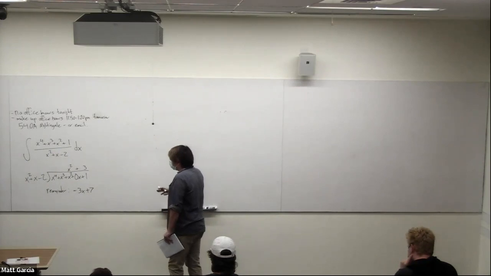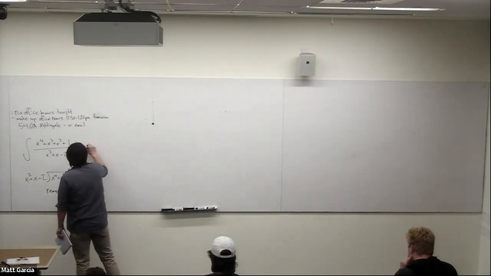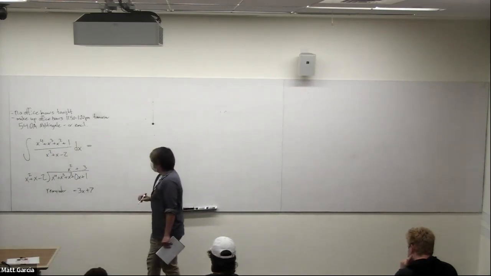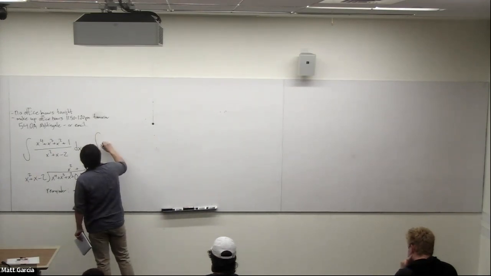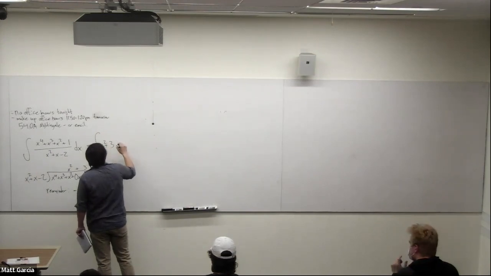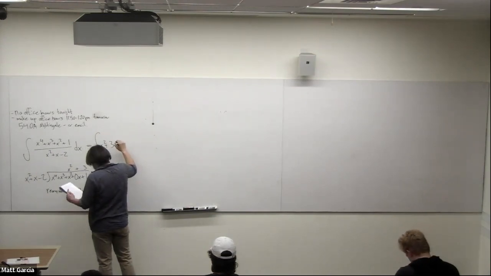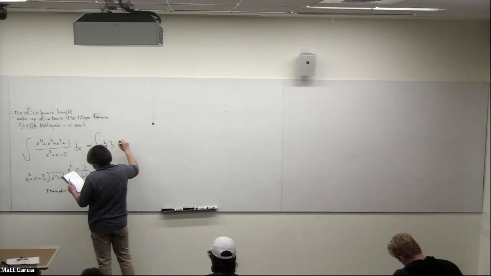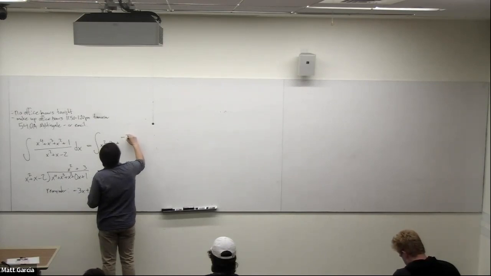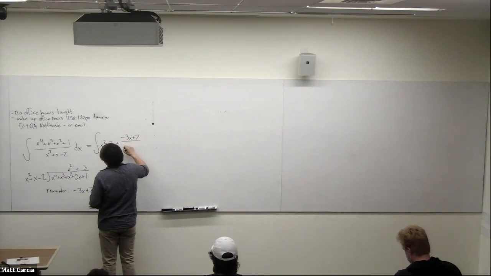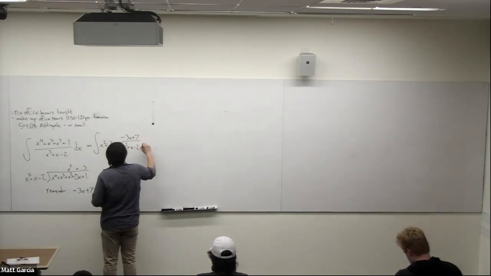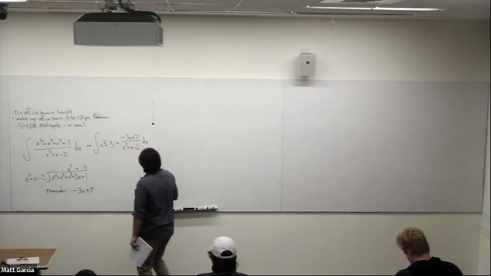Now, what this means is that we can rewrite our integrand in the following way. The integral of x squared plus 3 plus negative 3x plus 7 divided by the original denominator, x squared plus x minus 2 dx, right?